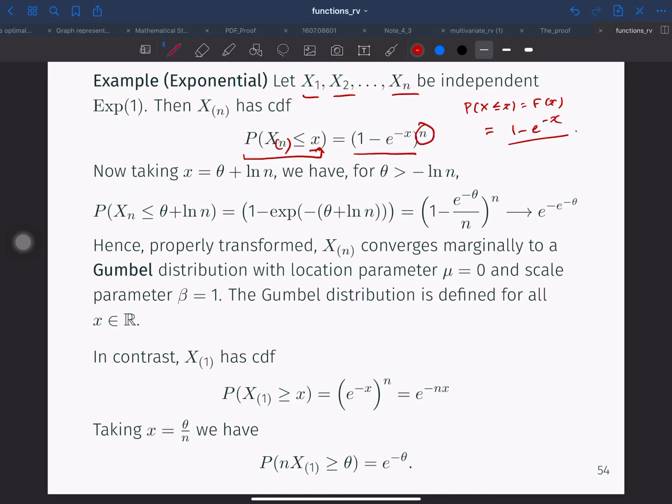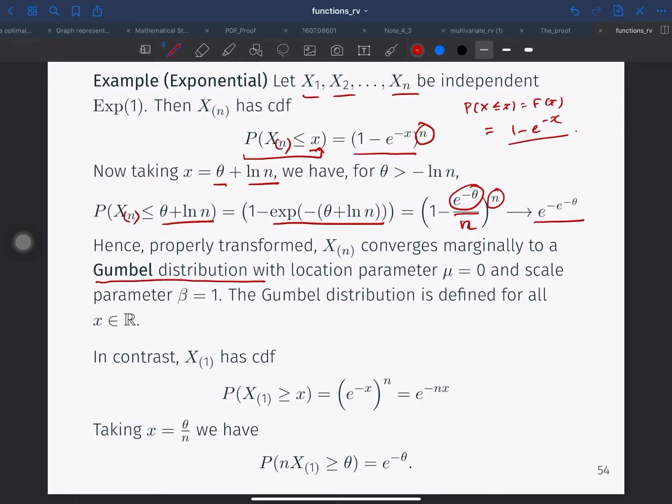So now by taking x to be theta plus log n, we will have that X_(n), once again the maximum, less than theta plus log n is 1 minus exponential of this term. And by using the properties of the exponential function, that's e to the minus theta divided by n. And so you take the nth power of this one, that converges to e to the minus of e to the minus of theta. This is known in the literature as a Gumbel distribution.